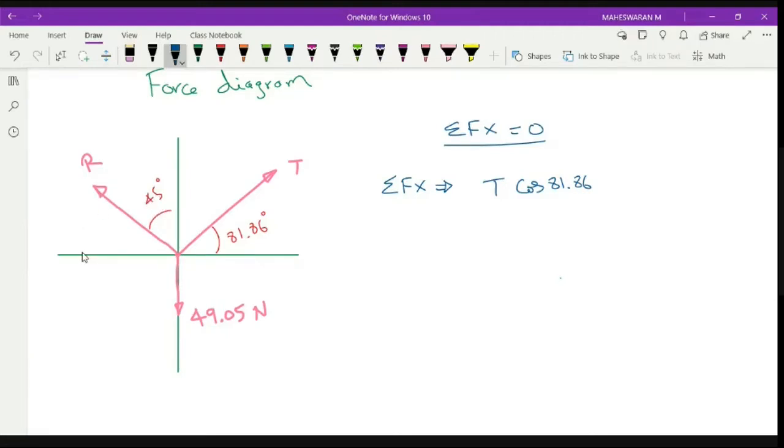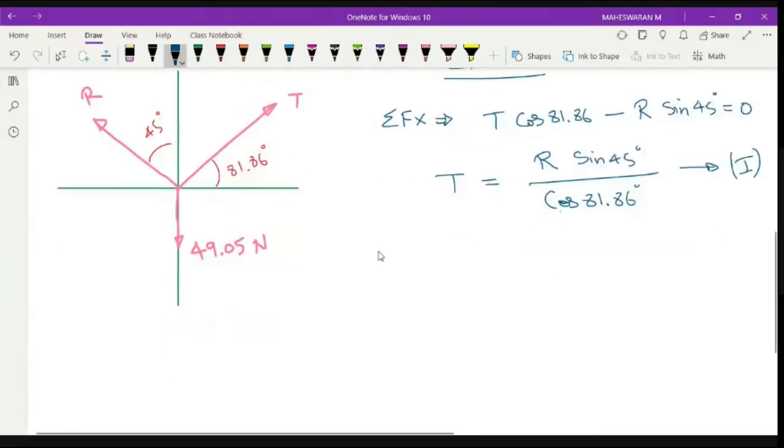So you get minus R sine 45 degree. Why did I put minus? Because it is in the opposite direction. So T cos 81.86 minus R sine 45 degree is equal to 0. Otherwise, I can write T is equal to R sine 45 degree divided by cos 81.86 degree. This is equation 1.